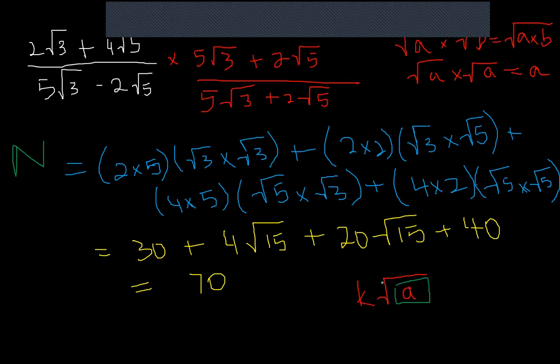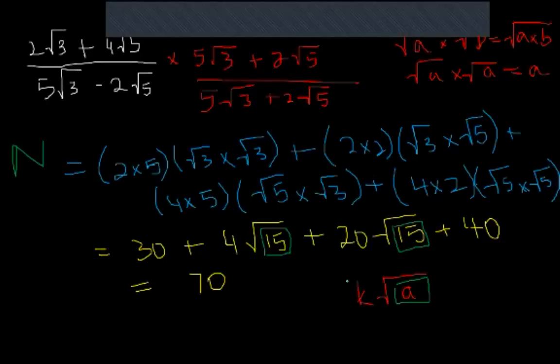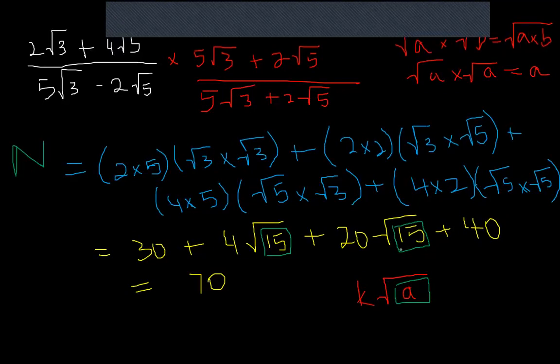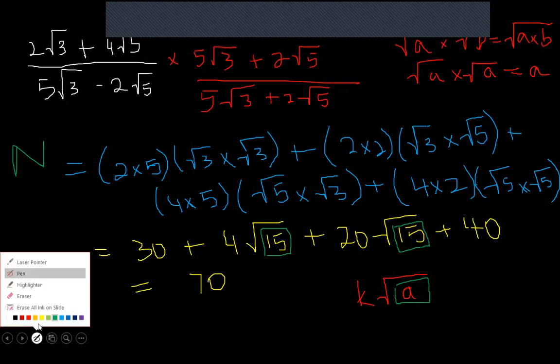And like surds have the same radicand. So what does that mean? Like surds, the number under the square root sign would be the same. That's how you know if something's a like surd. 15 is the same as 15. Both of them are 15, so these are like surds. Therefore, we can add them or subtract them if we need to.